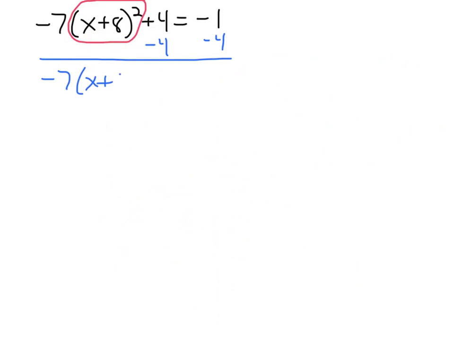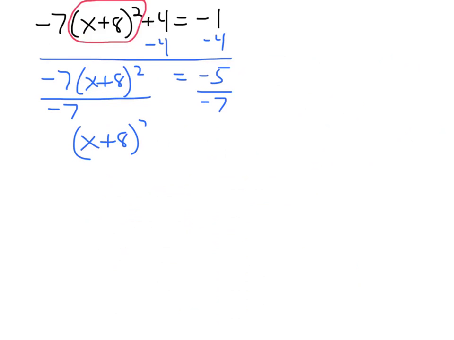And then, once you've done that, you would divide both sides by the negative 7 to get rid of that negative 7. So you end up with x plus 8 squared equals, and a negative divided by another negative is positive, so it'd just be 5/7.